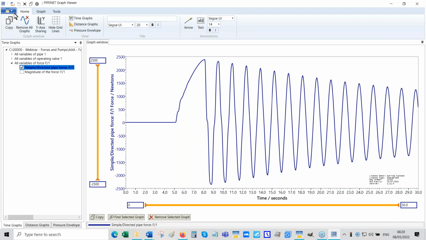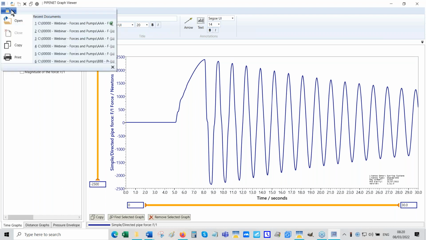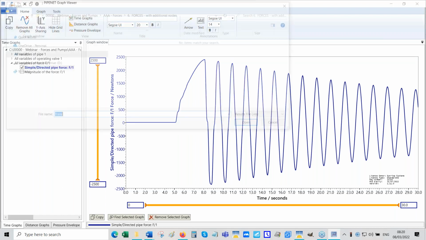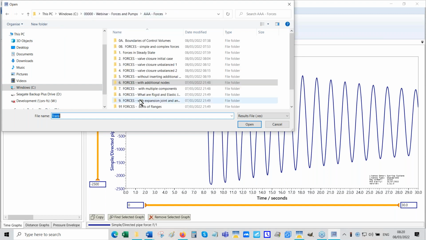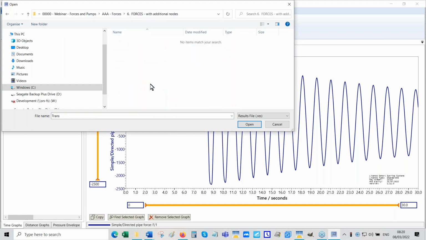Another neat feature in PIPENET, as you know, is that you can open another data file. Let me see what the result is.